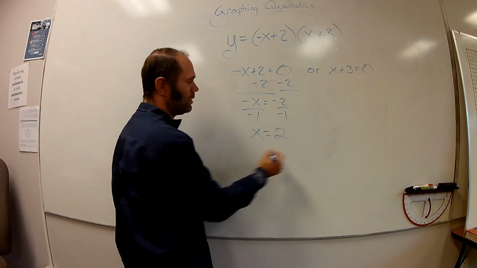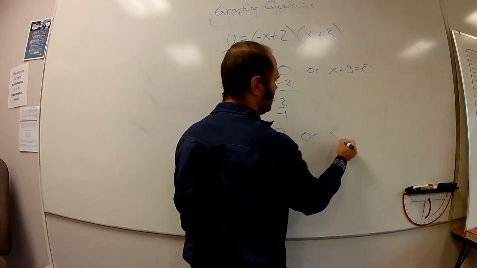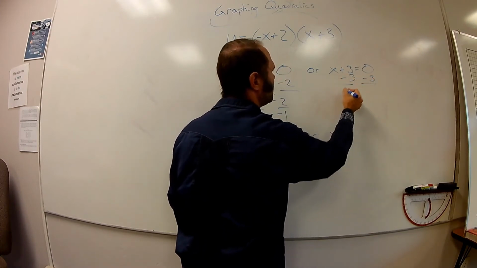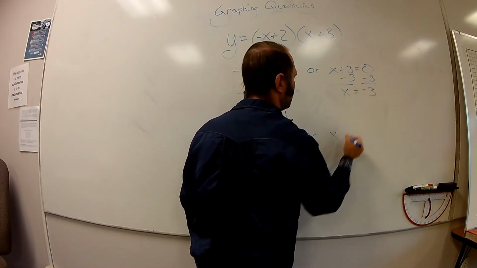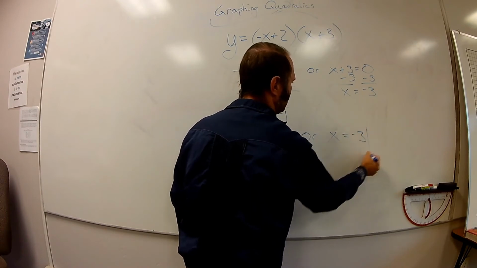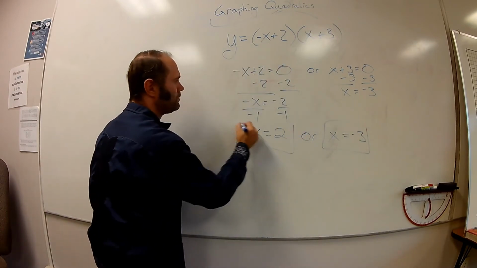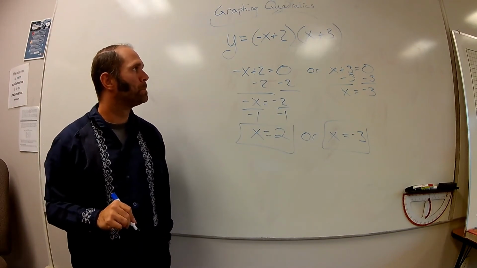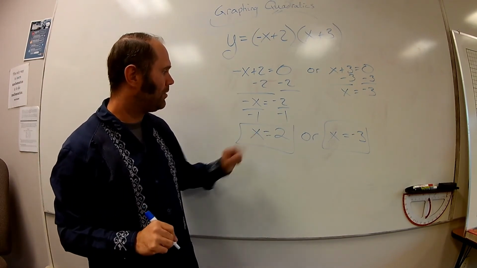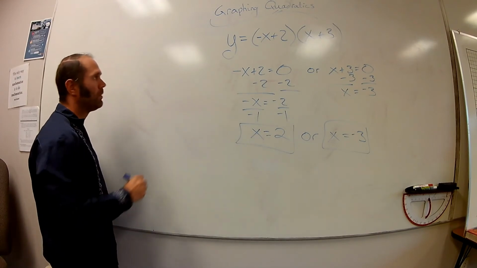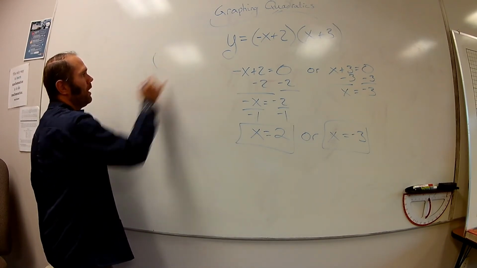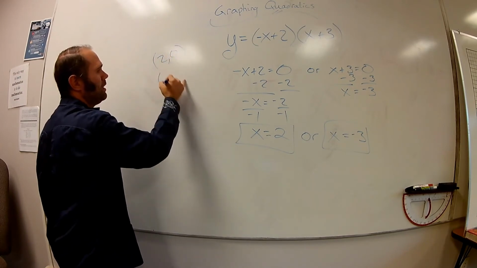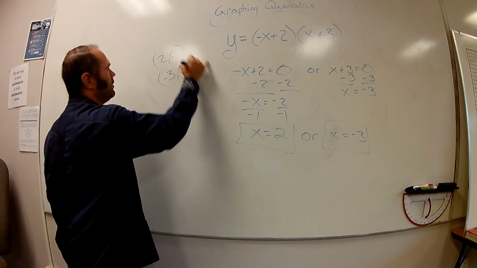X is 2, or x is negative 3. Okay? Hopefully that's making sense. So I'm going to write that over here. I'm just going to write them as points. So we've got point 2 comma 0 and negative 3 comma 0.